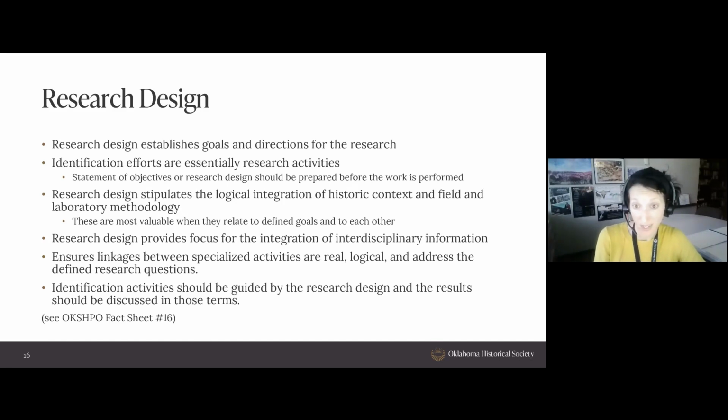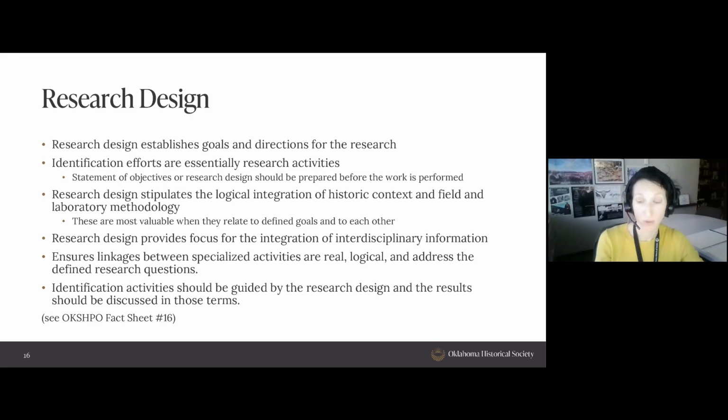The research design stipulates the logical integration of historic context and field and laboratory methodology. So how does the historic context of your project area inform the field and lab methods that you're proposing?